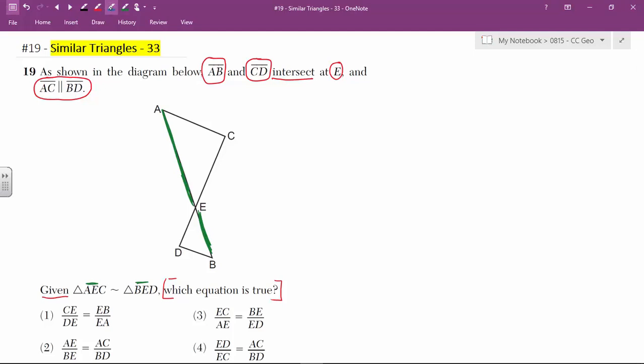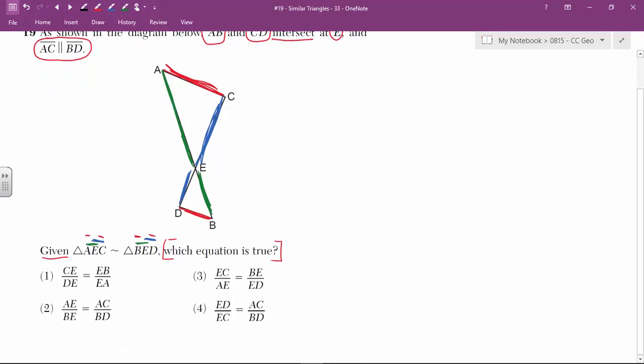We can do the same thing with the next two letters. EC has to match ED. And then the first and the last, AC, this side, needs to match BD, this side.